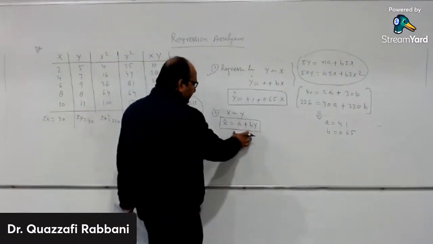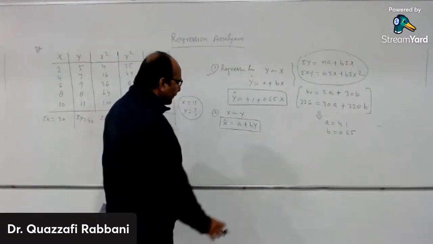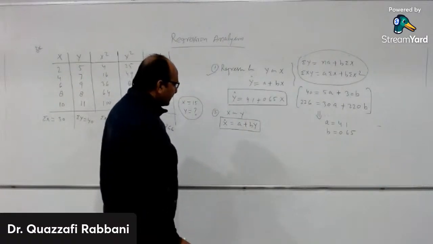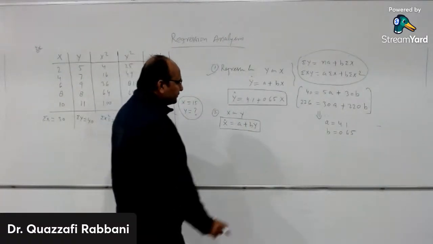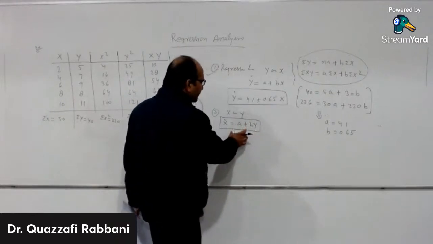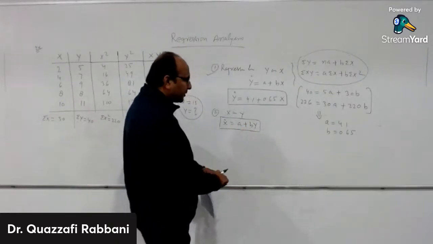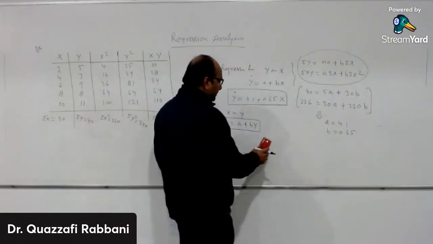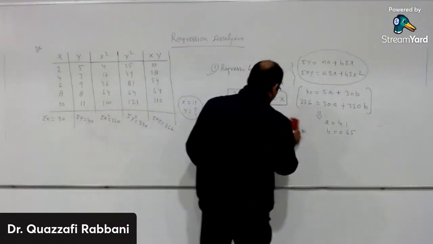So to establish this relation, we have to find the value of a and b. To find them, we use the normal equations which we obtained by using the method of least squares.